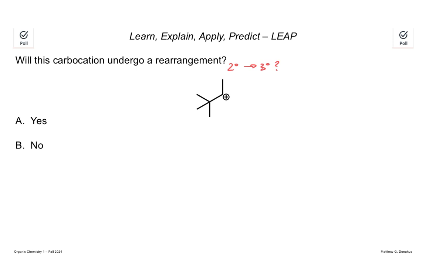So will this undergo a rearrangement from secondary to tertiary? The answer is yes, because otherwise we wouldn't be talking about it. Now, what you have to determine is where it's coming from. So yes, it will.